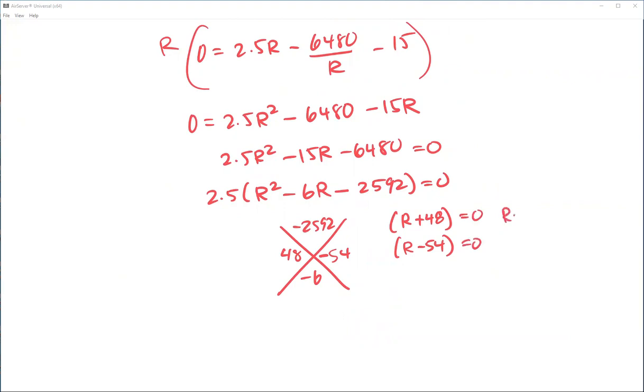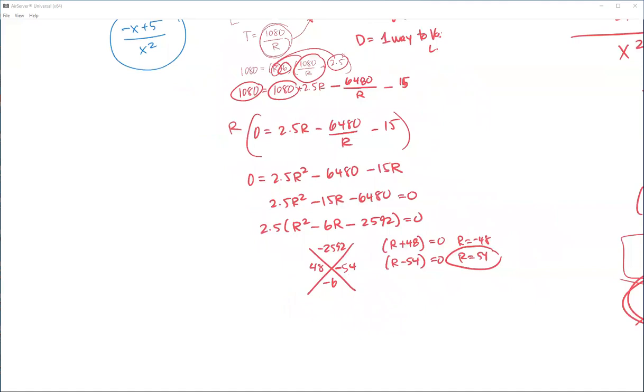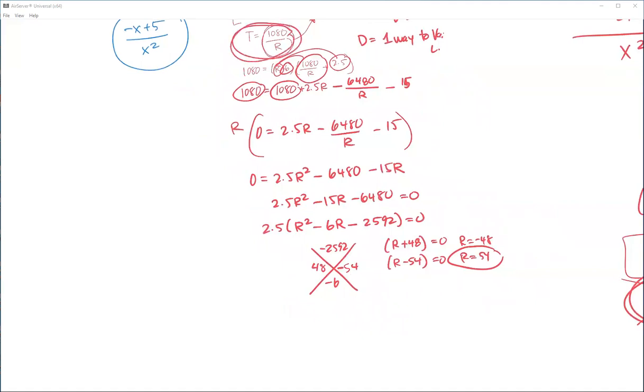R is equal to negative 48 and R is equal to 54. We can't go negative 48 miles per hour, so it has to be 54. The original rate is 54, which means for the time, using this equation up here, T is equal to 1080 over 54. 1080 divided by 54 is 20.